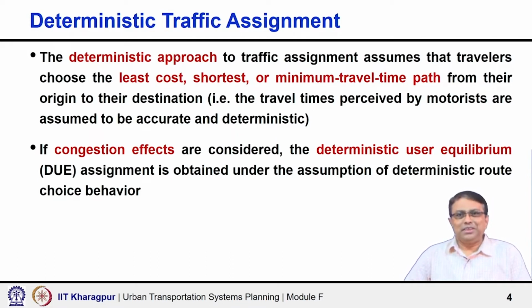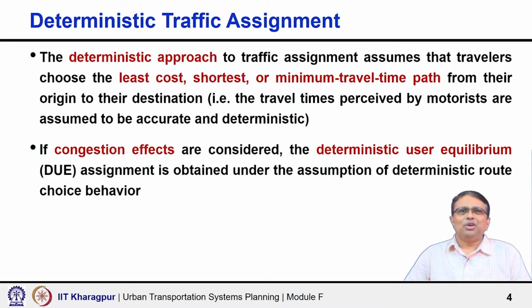But in the deterministic framework, there is no error term here, exactly the way we discussed for mode choice modeling. We said disaggregate choice model, then deterministic disaggregate choice model, and then subsequently we introduced the probabilistic choice model. The probabilistic came because of the variation and because things are not deterministic.